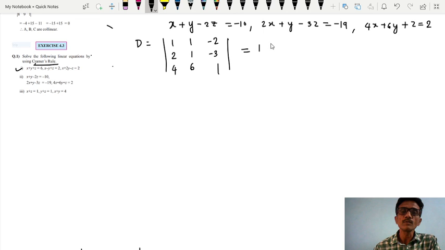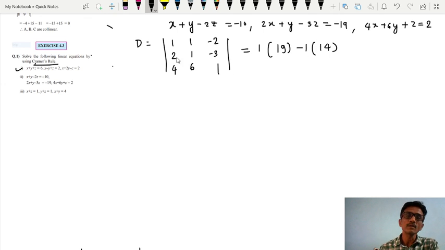So expansion will be what? 1 into 1 minus of minus, that is plus, so 1 plus 18. It gives us 19. Minus 1 into expansion of this determinant: 2 minus of minus 12, that is 2 plus 12, it is 14.